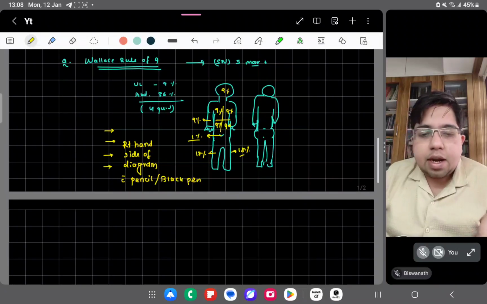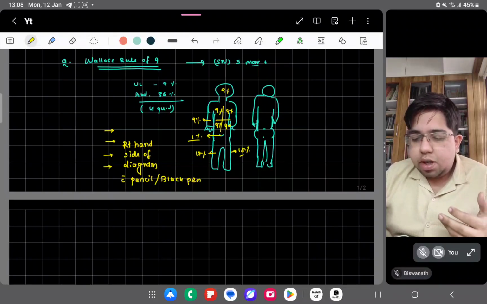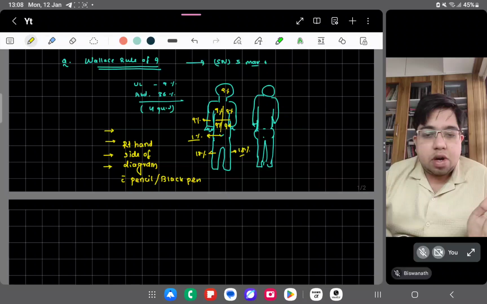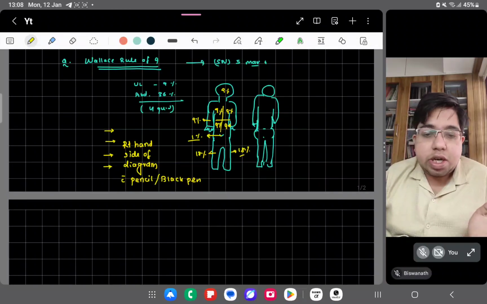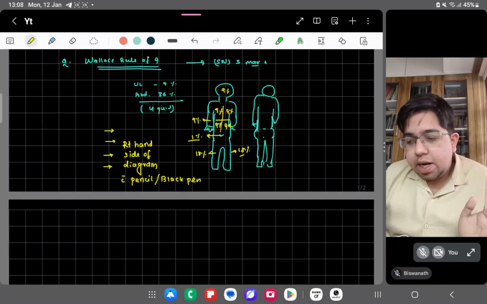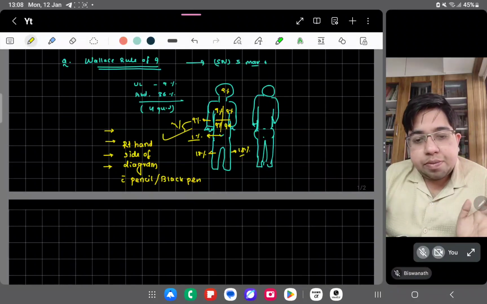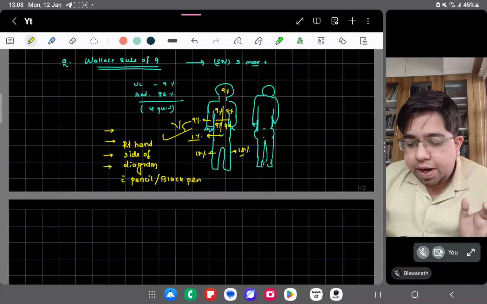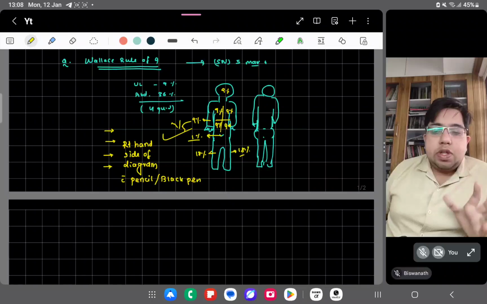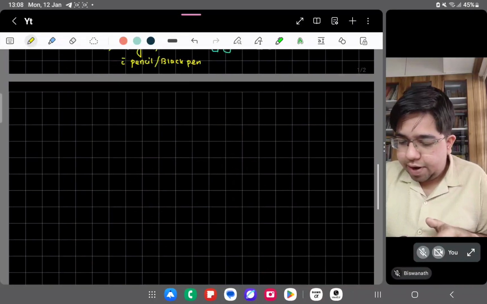The examiner can't cut marks here because he knows the presentation is good, the person has drawn everything, it's conceptual, the student has understood it. The examiner will give you at least 4 out of 5, 4.5 or even full marks if he likes the diagram. So that's the key. Presentation is a very important task.